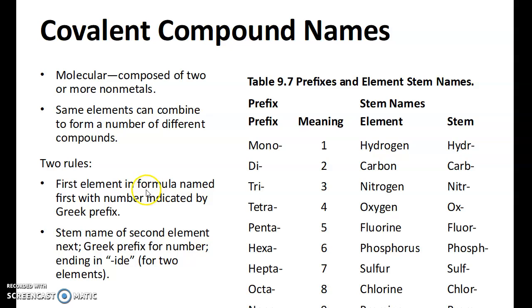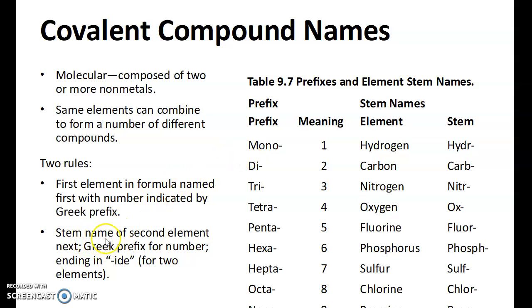So the first element in the formula is named with a number indicated by the Greek prefix. These are the Greek ones, except for mono. Rarely do you see mono. Well, we do have carbon monoxide, but that's to distinguish it from carbon dioxide, CO versus CO2, right? But if it's the first element, rarely do you have a mono there.